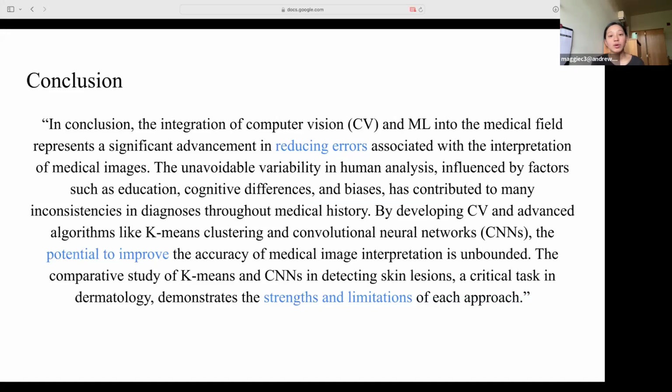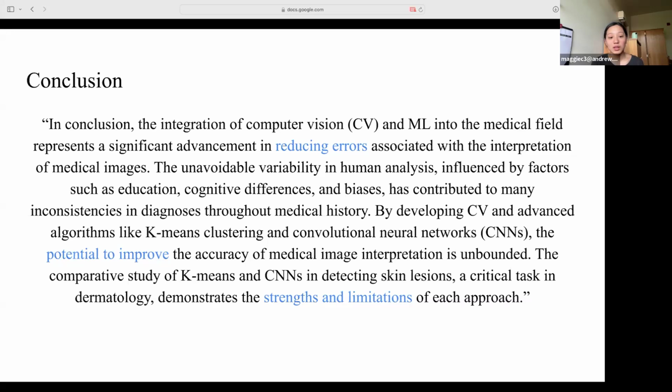The unavoidable variability in human analysis, influenced by factors such as education, cognitive differences, and biases, has contributed to many inconsistencies in diagnosis throughout medical history. By developing computer vision and advanced algorithms like k-means clustering and convolutional neural networks, the potential to improve the accuracy of medical image interpretation is unbounded.